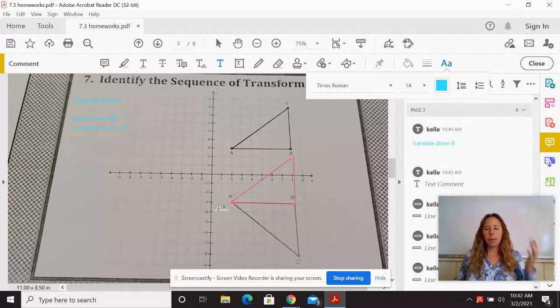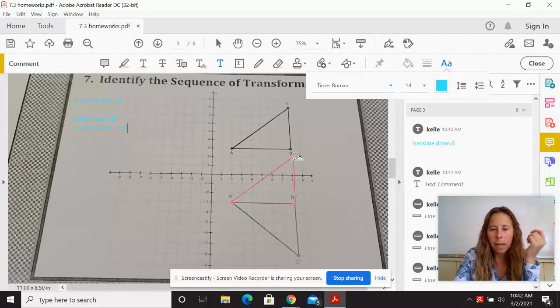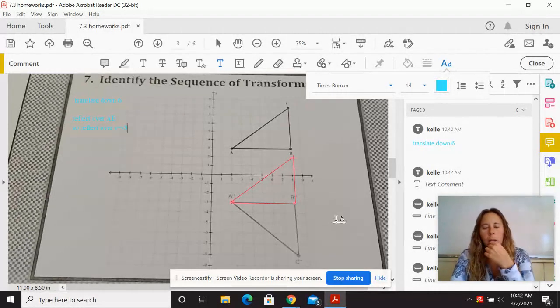If I reflect over this line, AB is going to stay, and C is just going to get reflected right there. So that's one way to do number 7.